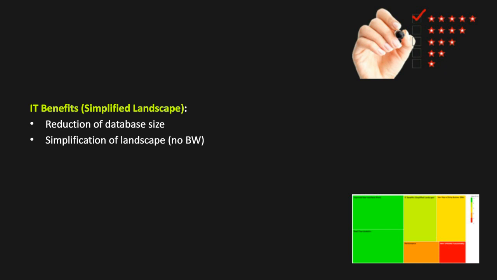Just being able to eliminate things like BW may actually offset that kind of cost quite significantly. So these are the things that the IT department can pull out of these reports that we've run, and in discussion also figure out what the benefits would be in terms of simplifying the landscape.